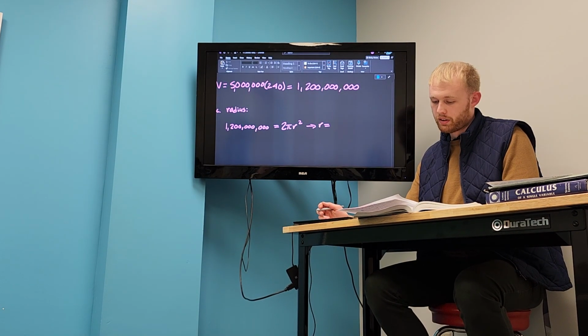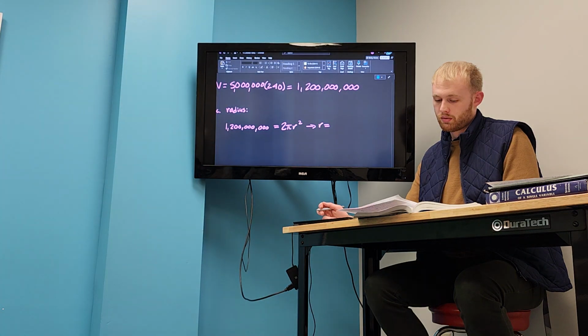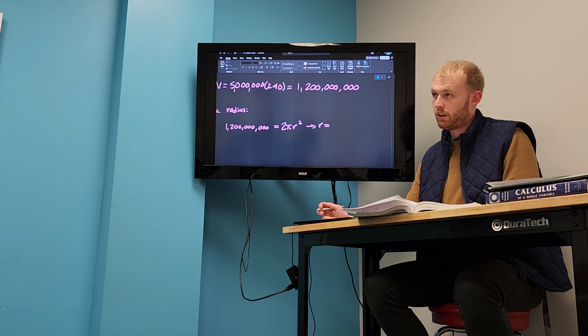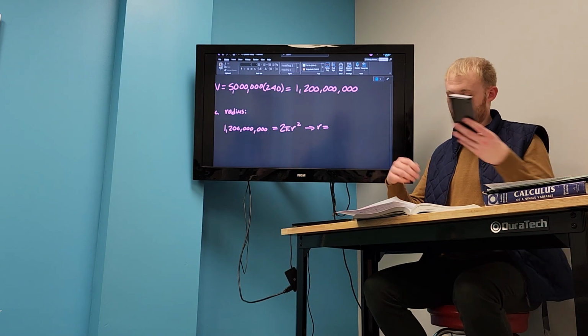It should not be 43,000. Square root of 8... 2 pi. We should have just divided 1.2 billion by 2 pi, and then taken the square root. So you have like 101,884,955.